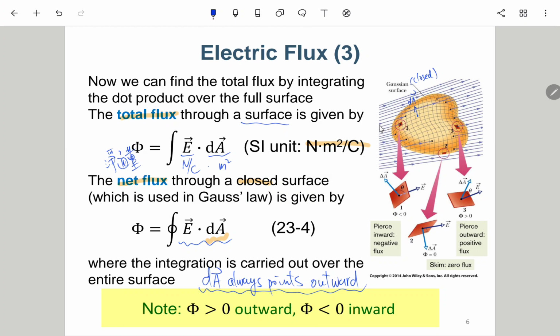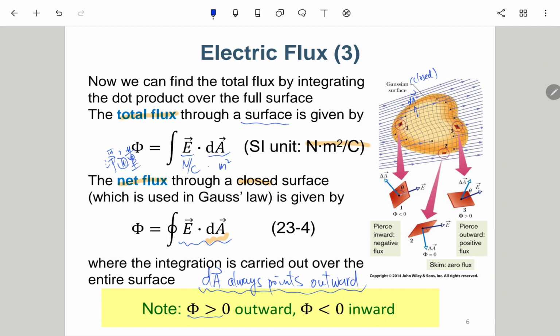In this way, the E field is generally going outward. On the other hand, if phi is negative, it means that most of the E field is going inside, and only a little bit of the E field is going outside, so the overall sum will be a negative value. Then we say the E field is generally going inward.